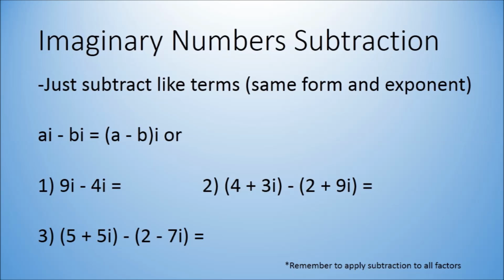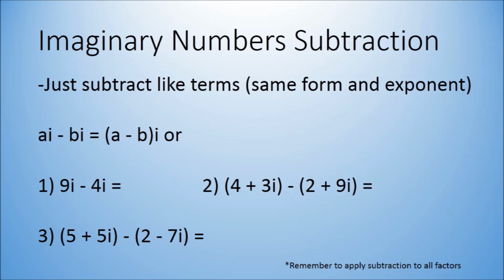And then for 3, I have my little reminder at the bottom that you have to remember to apply subtraction to all the terms. So in number 3, it's 5 plus 5i minus the quantity -2 minus 7i. So one way you can do it is you can change the subtraction to addition and then change all the signs in what you're subtracting. So I'd say 5 plus 5i plus 2 plus 7i.